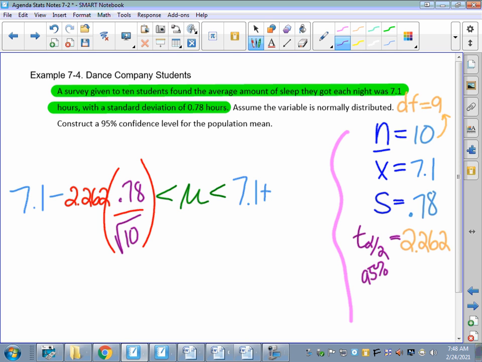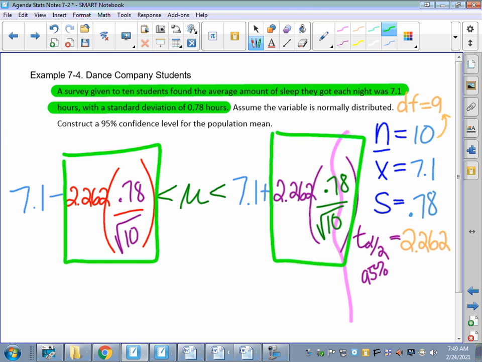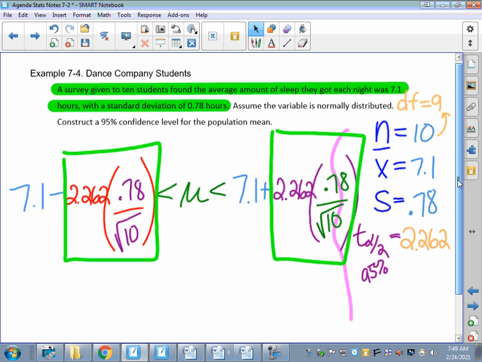Over here, it's going to be identical: 2.262, and my standard deviation, 0.78, divided by the square root of 10. Remember, these two are the same thing. We've just got them in different places, so this is the same X bar plus and minus those two things.